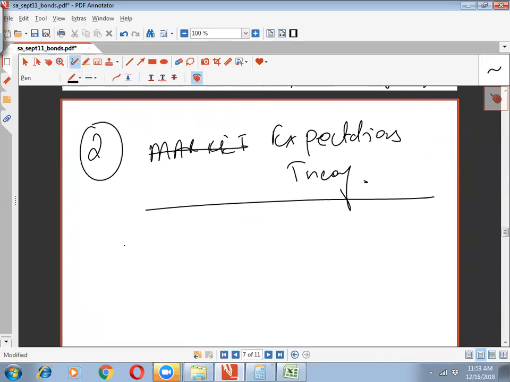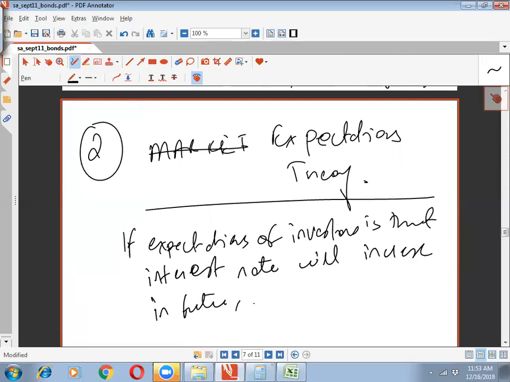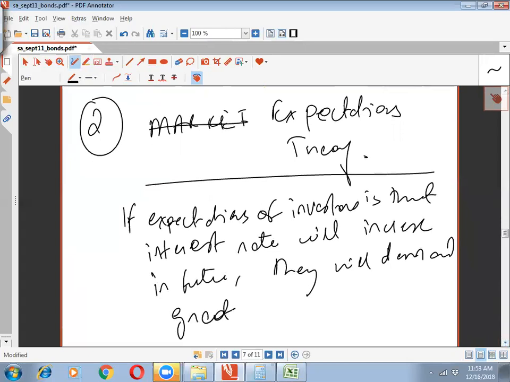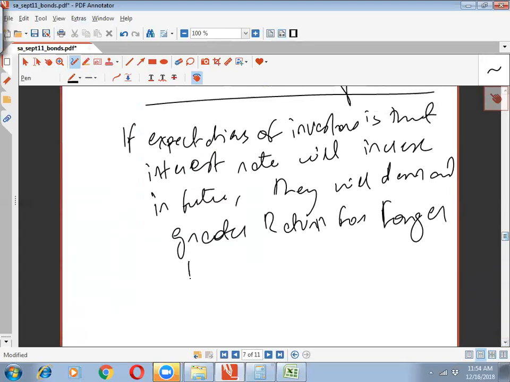It says that if the expectations of investors are that interest rates will increase in future, they will demand greater return for longer term commitment.